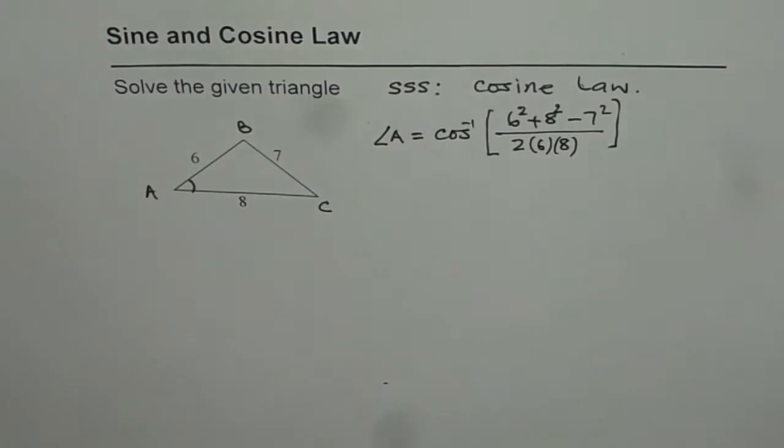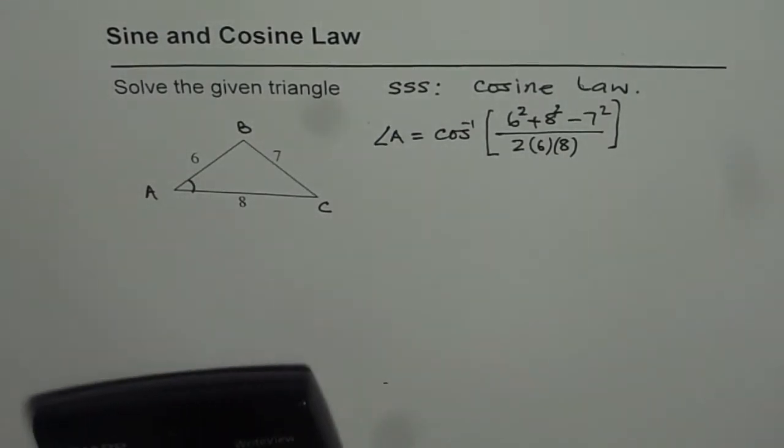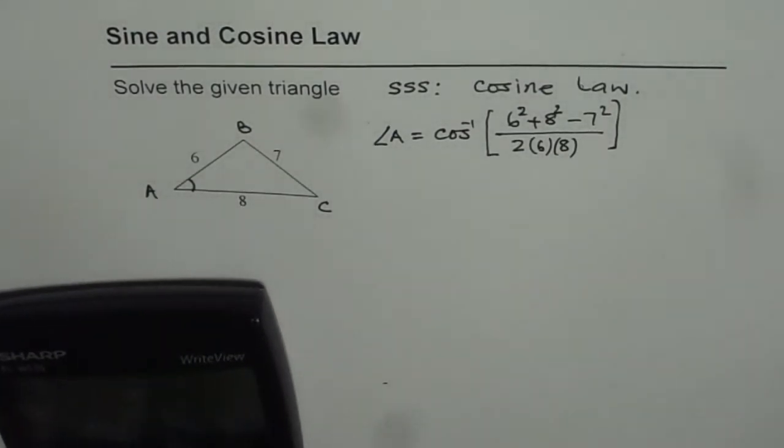That gives us the angle, right? So we can use the calculator and find the answer. So we get second function cos. It's better to use 2 brackets at this stage, one for the numerator and the other when we divide by the denominator. So 2 brackets, 6 square plus 8 square minus 7 square, 1 bracket closed, another bracket open.